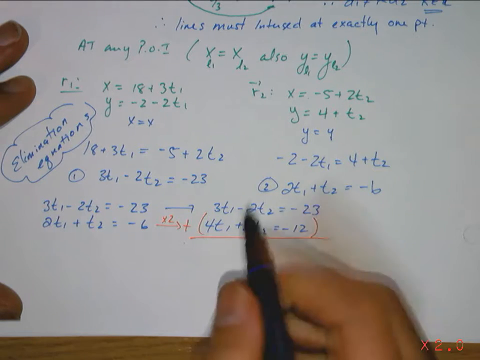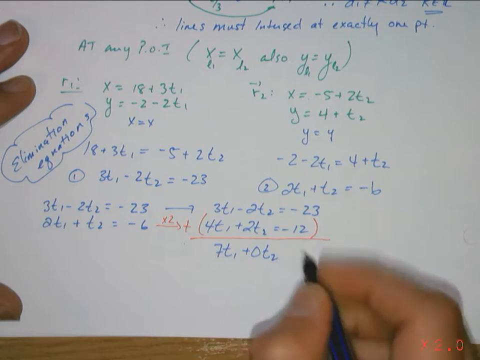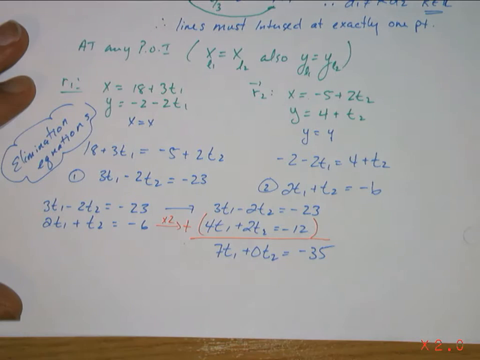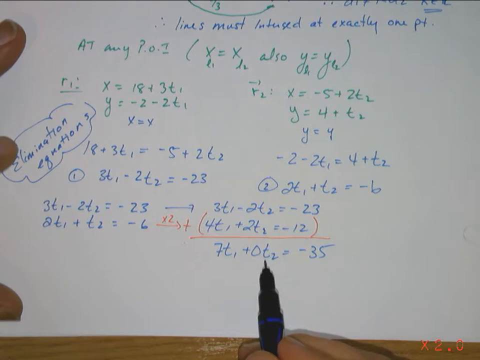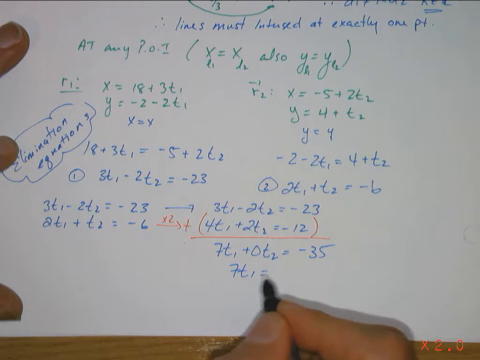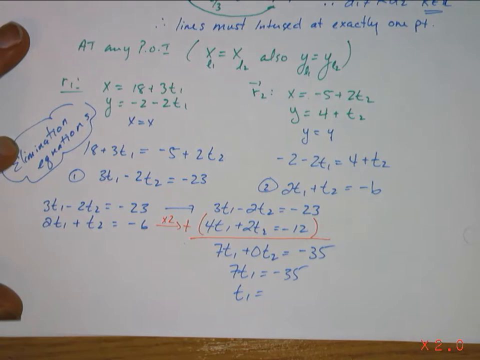What happens is we get 7 t1s plus 0 t2s equals negative 35. These are gone now. That's why it's called the process of elimination, because we eliminate one of the variables. You've got 7t1 equals negative 35. We get t1 equals negative 5.